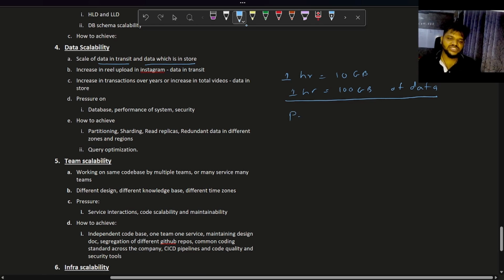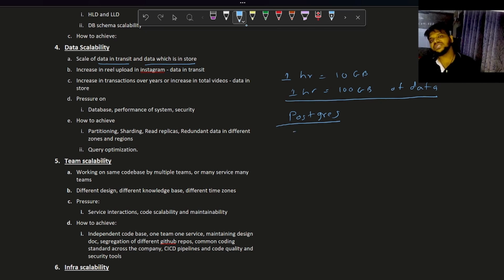Let's say they are using a Postgres database; I do not know what tech stack they use, but for example. Initially, for a couple of months, let's say there are 1,000 transactions per day, just as a hypothetical example. After 30 days it is 30,000, and after 3 months it is 90,000. It feels like very low data, nothing more.